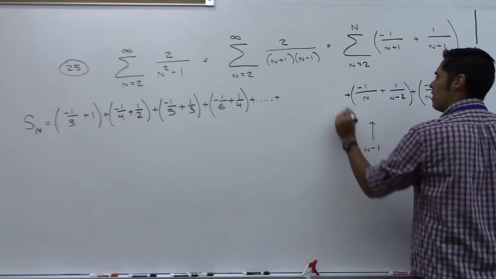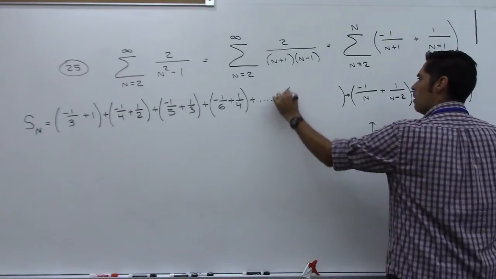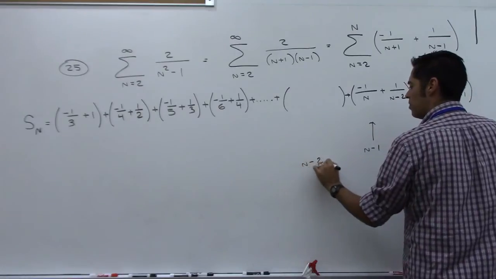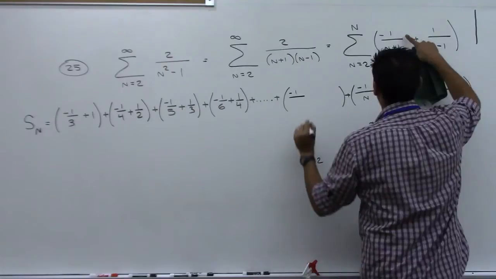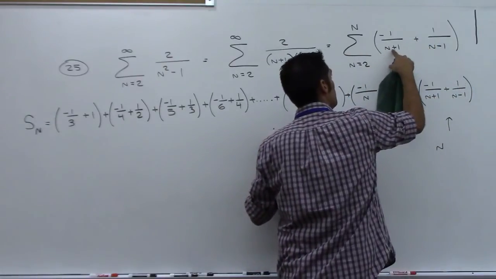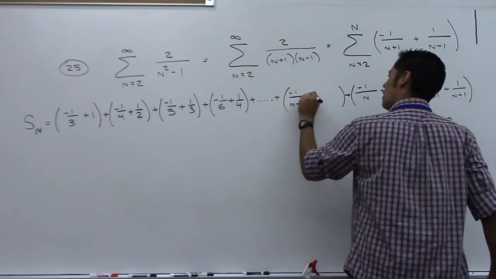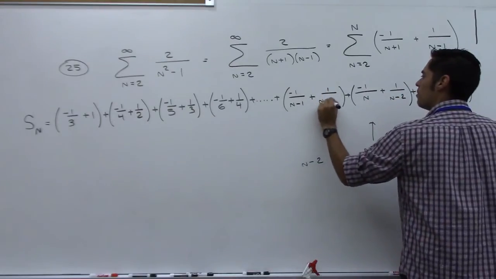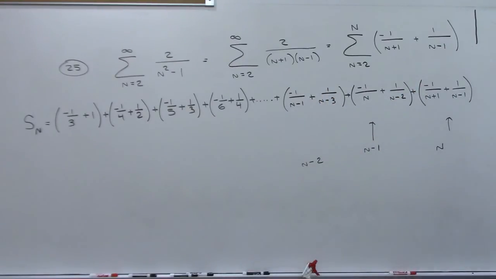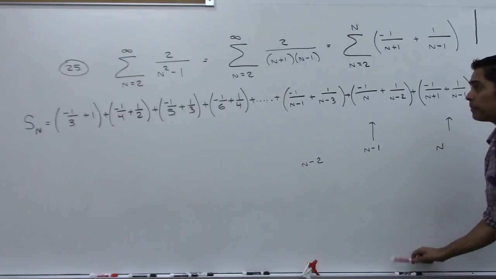And we'll look at the one in front of that. This is what I get when I plug in N minus 2. I get negative 1 over N minus 2 plus 1, which is N minus 1, plus 1 over N minus 3. And I'm hoping that's enough for me to establish the pattern of what's going on here.